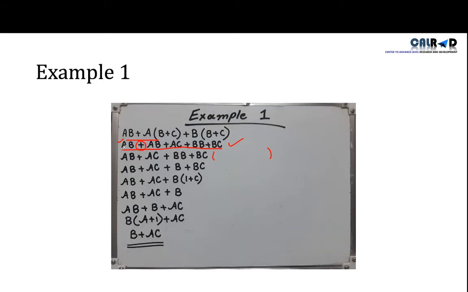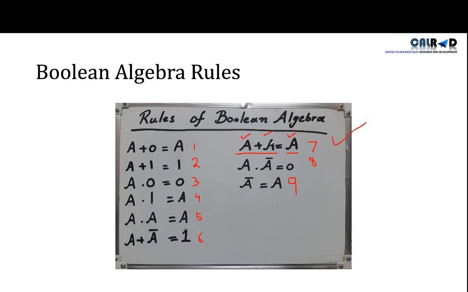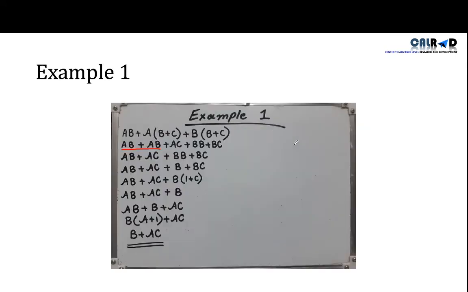So these are also two inputs, AB plus AB. So try to understand, this is A plus A is equal to A. So what will be AB plus AB? It will be equal to AB, because if the two inputs are similar, then the output will be only one input. So here we can write the number of the law we are using in our equation. So this is law 7. So the 7th law or rule is used in this equation.